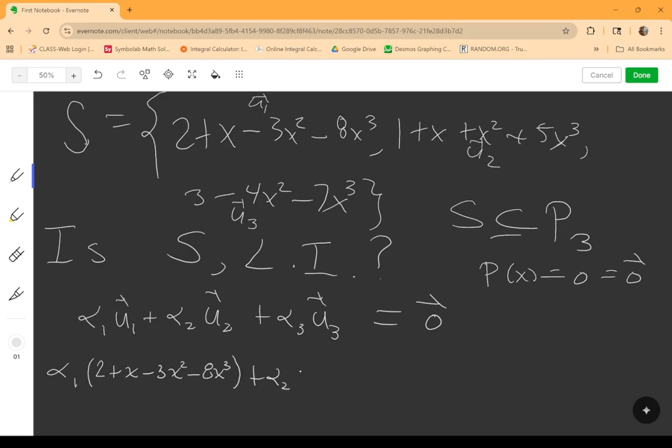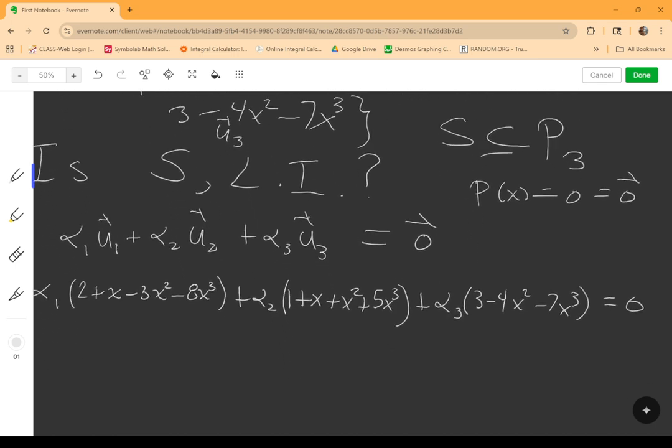Okay, so here we have alpha 1 times 2 plus x minus 3x squared minus 8x cubed, plus alpha 2 times 1 plus x squared plus 5x cubed, and then plus alpha 3 times 3 minus 4x squared minus 7x cubed equals 0.